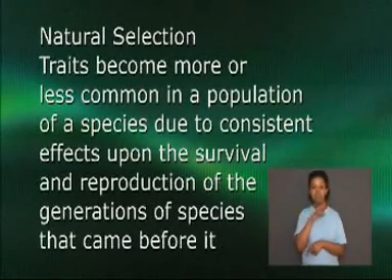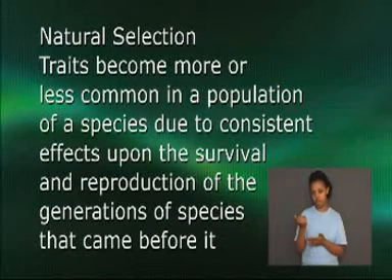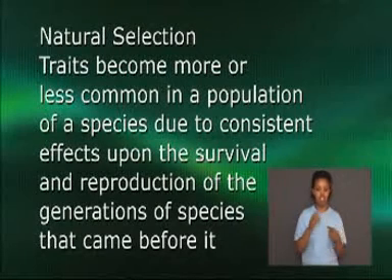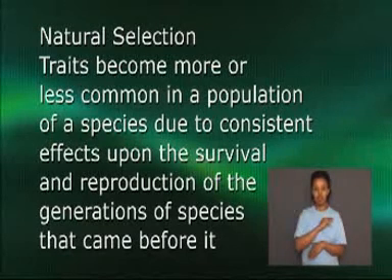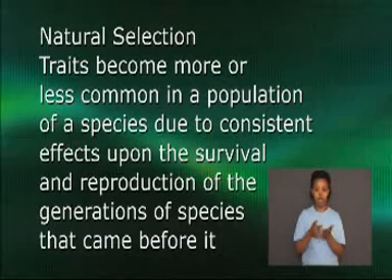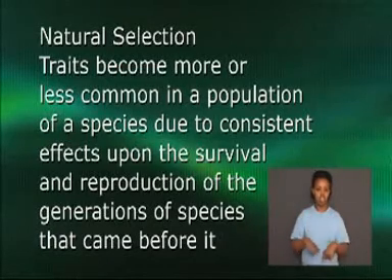As we have learned in our previous lesson, the process of natural selection is where traits become more or less common in a population of species. This is due to adaptations the earlier generations of a species made to increase chances of survival and reproduction.